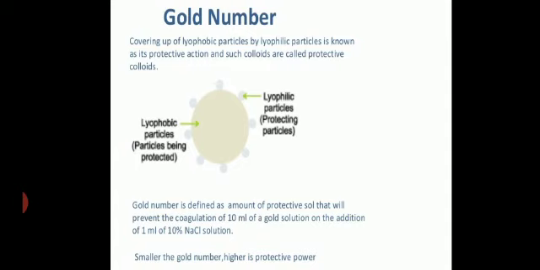The gold number of a protective colloid is the minimum mass of it in milligrams which must be added to 10 ml of a gold sol so that no coagulation of the gold sol takes place when 1 ml of 10% sodium chloride solution is rapidly added to it. It is there on the screen.